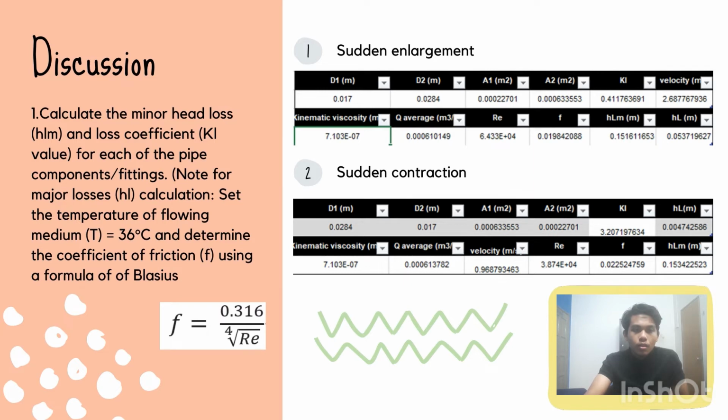And for the major head loss, we use the formula f L V square over D 2g. All the information has been calculated, so we just transfer it to the formula, and from there we can find the major head loss as well. And for the sudden contraction, we repeat the exact same steps, but using the information from the data given.